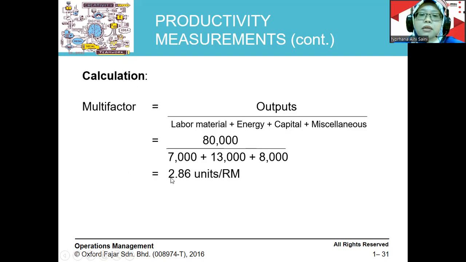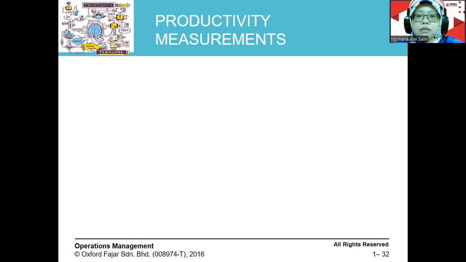So we have 2.86 units per RM. It depends, if it is dollars, then dollars. Why? Because it involves the labor, material, and capital, that's why we must have the RM.